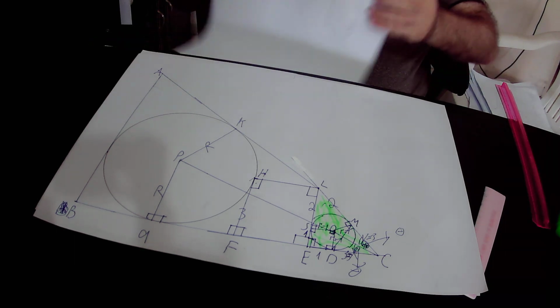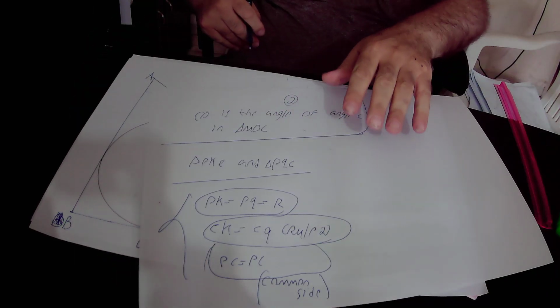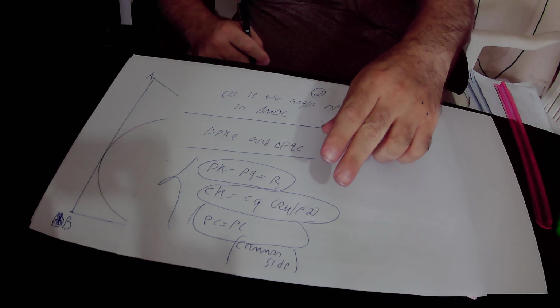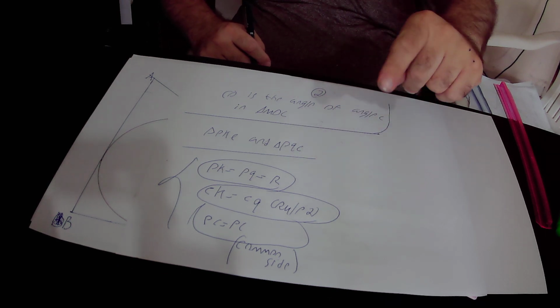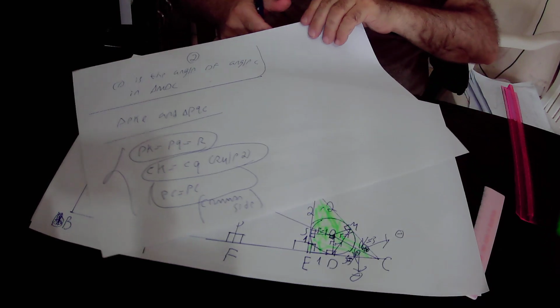So we actually proved that the two right big triangles can go into each other according to the side rule. So I write it down.